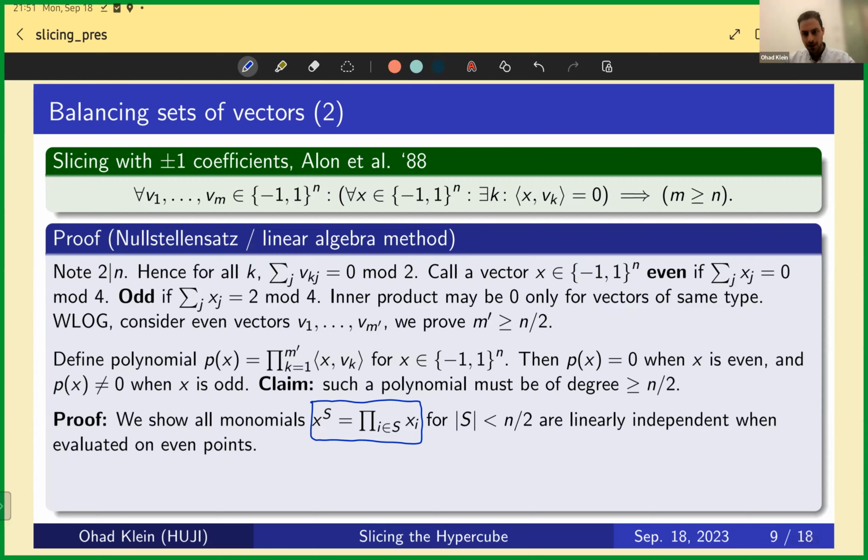And now we can have a combination of these monomials which is zero, but we assume that our polynomial is non-zero on odd points. So our polynomial is not zero, and this linear independence will prove our claim.